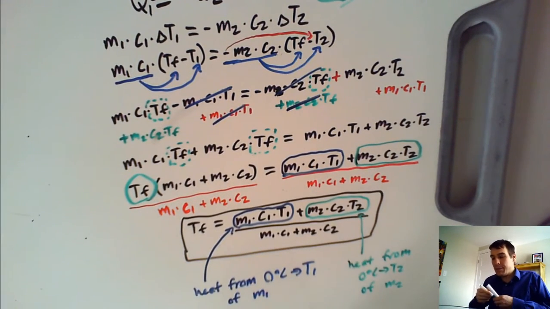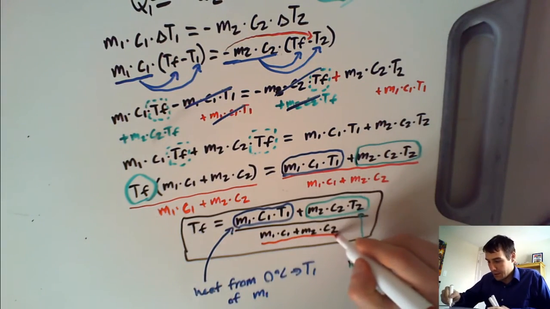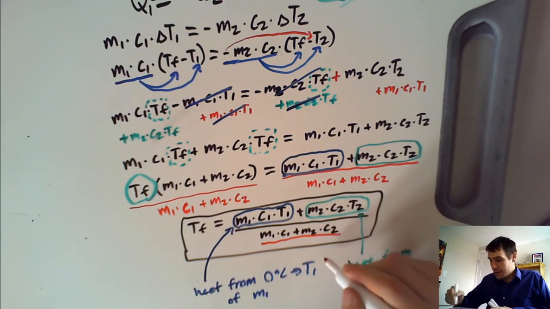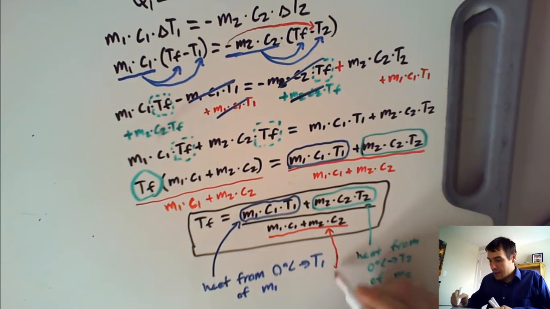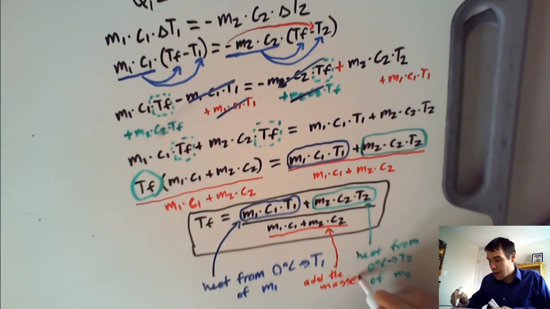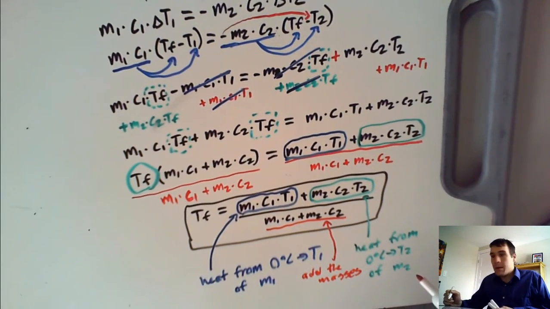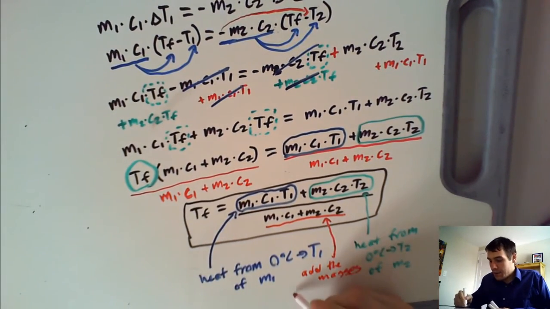All right, same as we did before. And then these guys down here, that guy is the only thing that kind of changes. It's the add the masses. You add the masses, but it's like a weighted average.